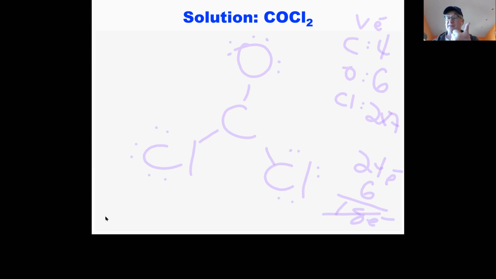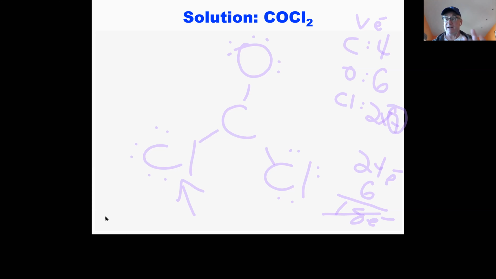When you want to figure that out, the best way is to figure out the formal charge on them. So what is the formal charge on the chlorine here? How many valence electrons should chlorine have? Chlorine is supposed to have 7.